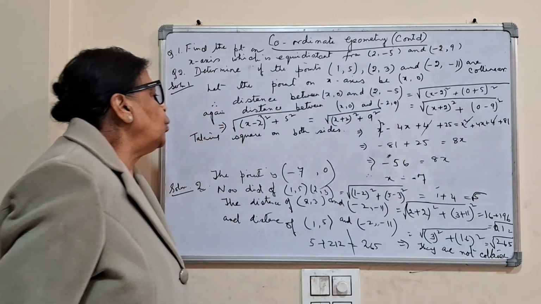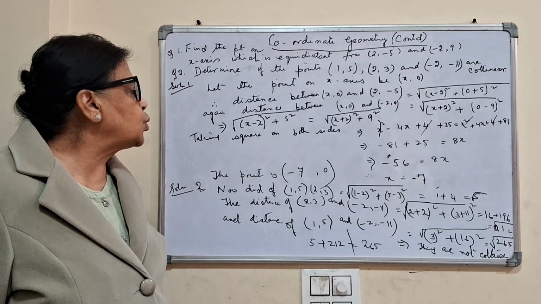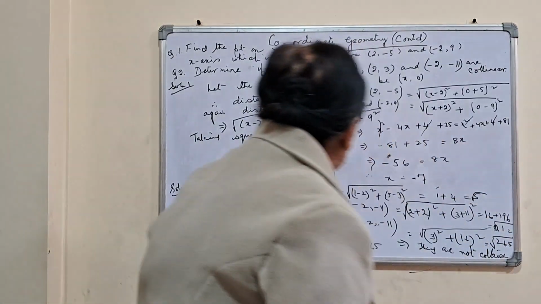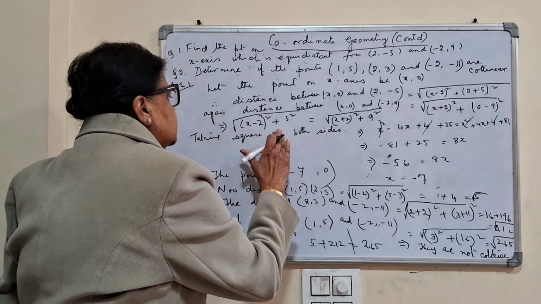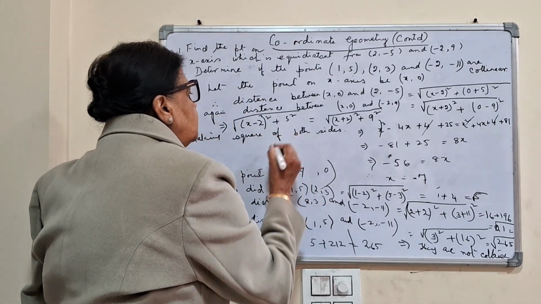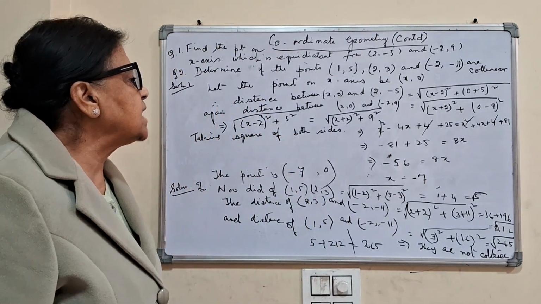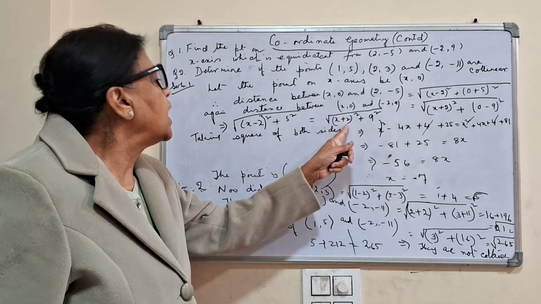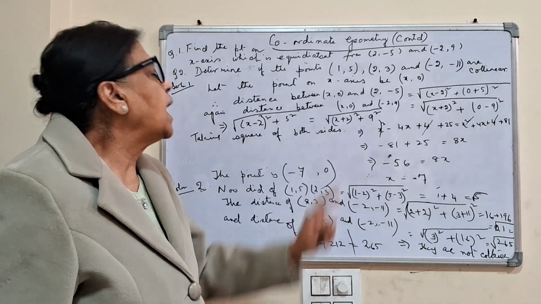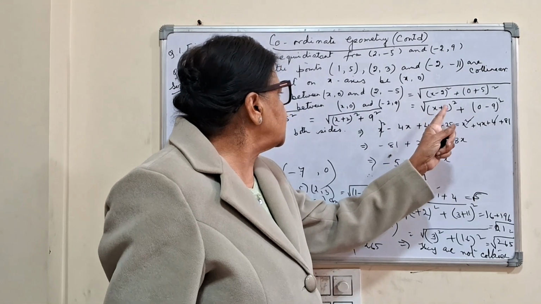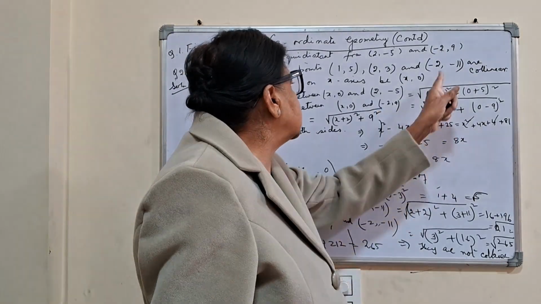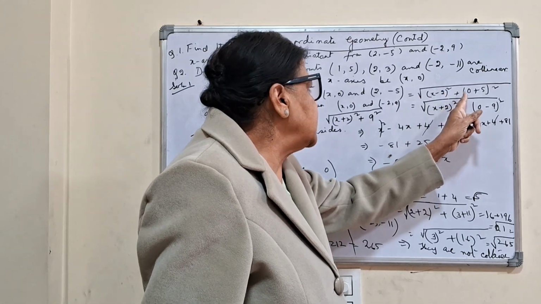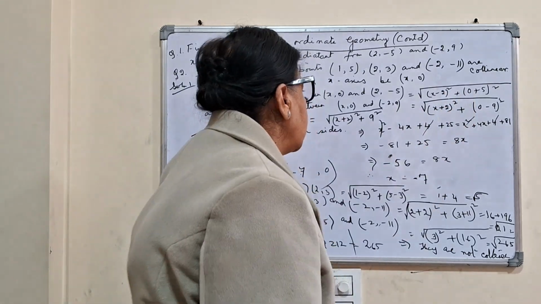Now taking the square of both the sides, I open this: x square minus 4x plus 4 plus 25, and x square plus 4x plus 4 plus 81.